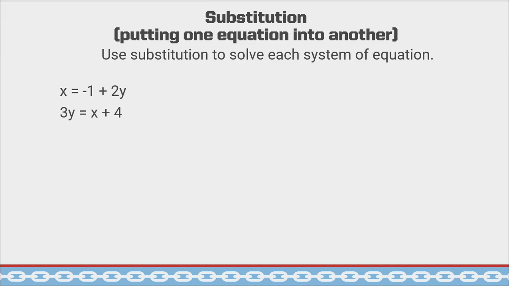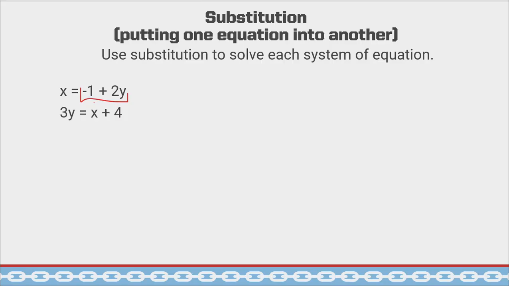So here is another example of how I can use substitution. I don't have y equals or x equals equations for both, but I do know that x is equal to negative 1 plus 2y.